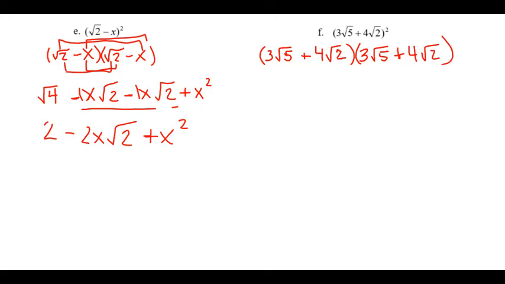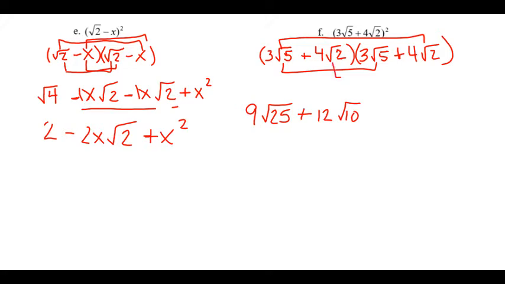So first terms, 3 times 3 is 9. The square root of 5 times the square root of 5 will give me the square root of 25. Then 3 times 4 square root 2. 3 times 4 is 12. The square root of 5 times the square root of 2 is square root 10.